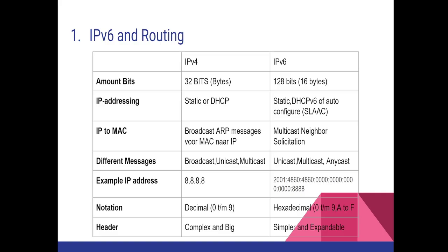How do the IP addresses get distributed? Well, you could use static or DHCP for IPv4, but for IPv6 we use static, DHCP version 6, and auto configure or SLAAC.